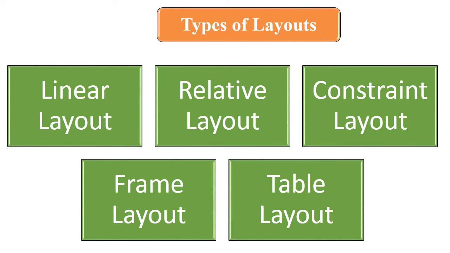Then the frame layout is a view group subclass used to specify the position of view elements on top of each other to display only a single view inside the frame layout. And the last one, the table layout, is a view group subclass used to display the child view elements in rows and columns.